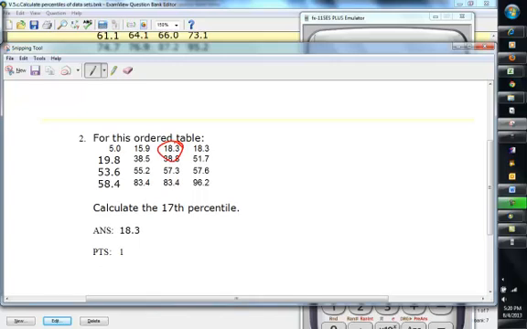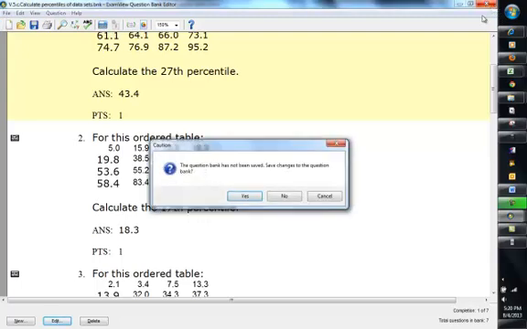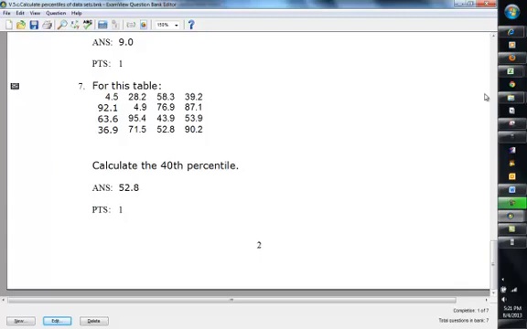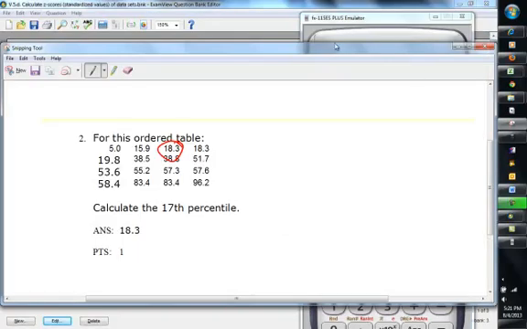The one after that is the third one, 18.3. So that's how you find percentiles of data sets. I'm going to make sure that's all we have in this one. Yep, it is. All right, next one.